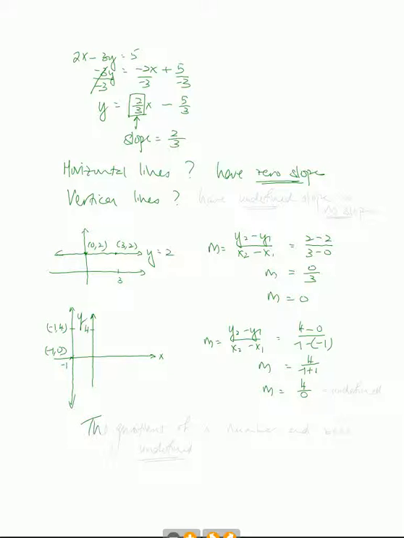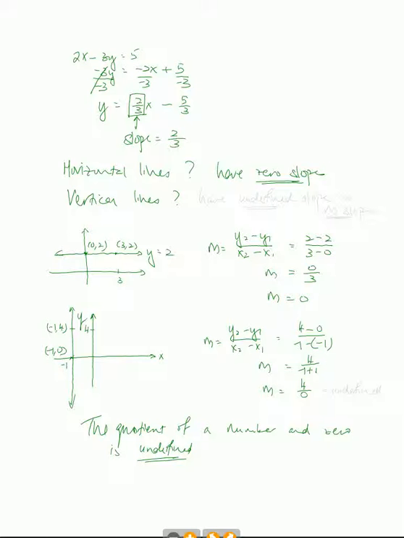Now remember that the quotient of a number and 0 is undefined. So long as the second number, which is the divisor, is 0, it will be undefined.